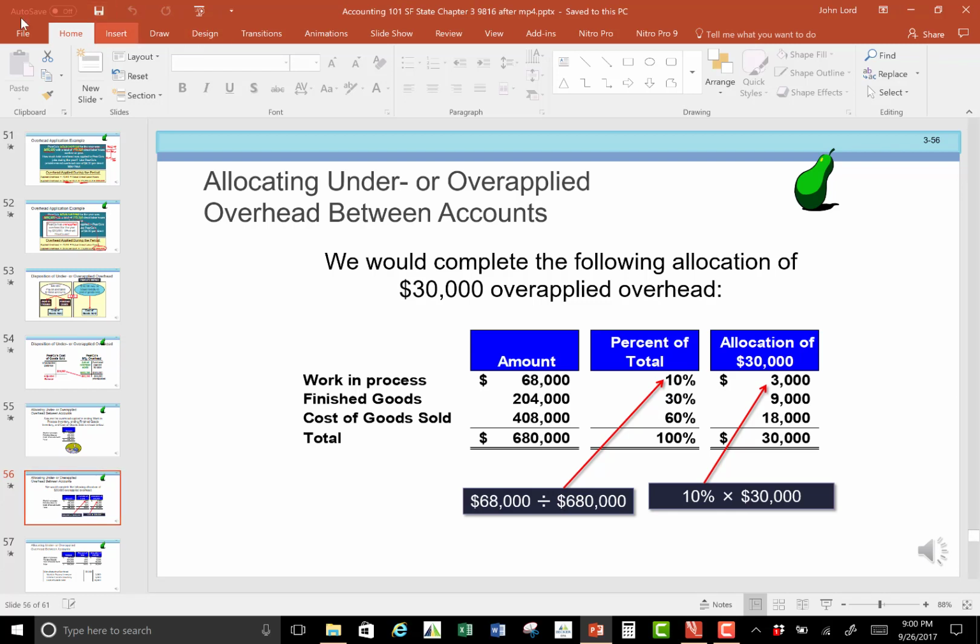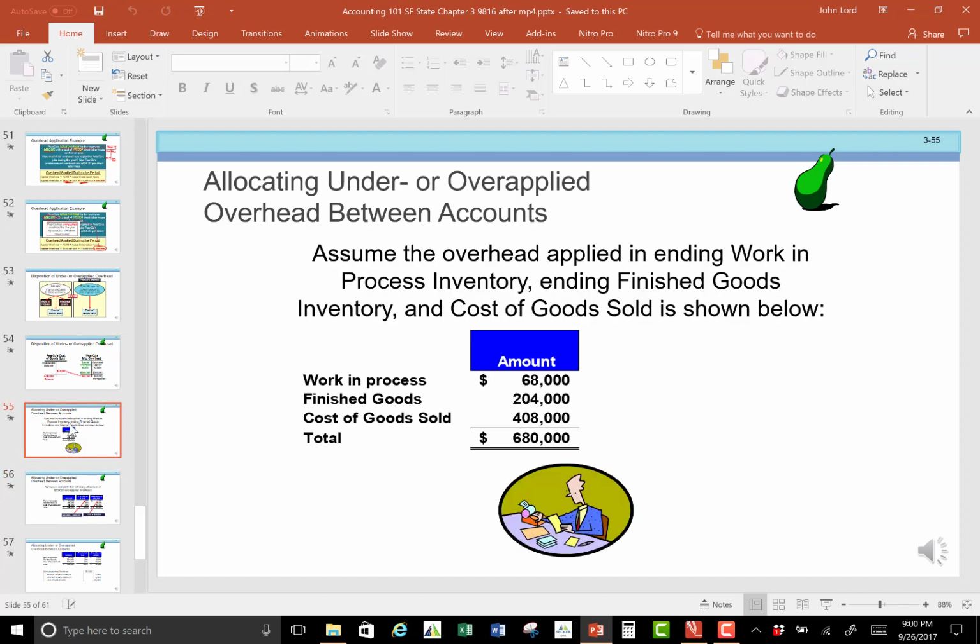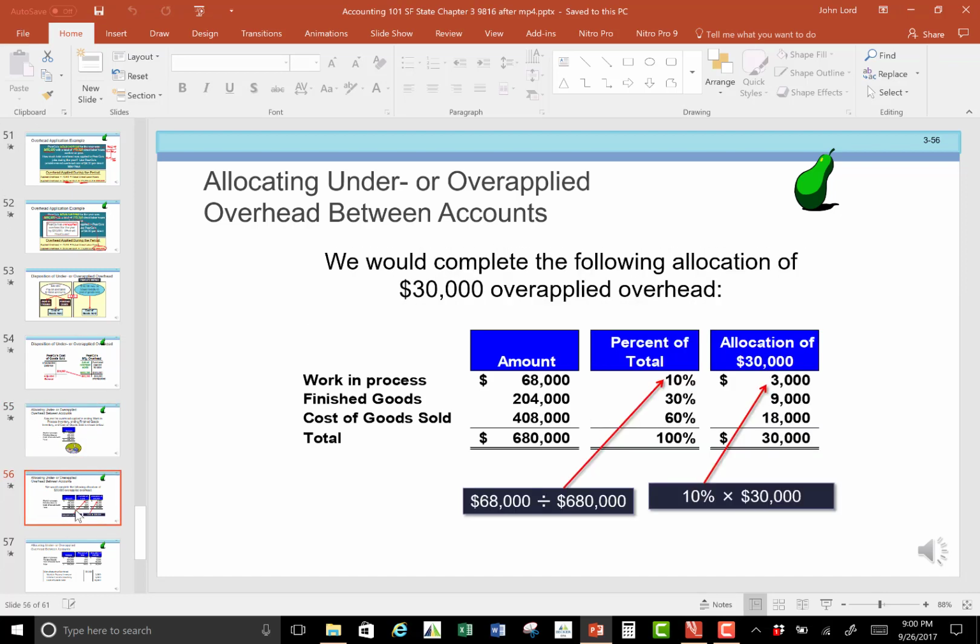Let me go back to the previous slide. But why 10% is my question. Because 68,000 is 10% of 680,000. Okay, so I add the total of the three account balances, their ending balances, and then I determine what percent each one of those makes of the total. Since it was a total of 30,000, 3,000 would go to work in progress.